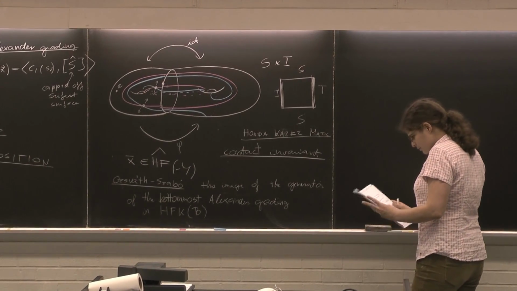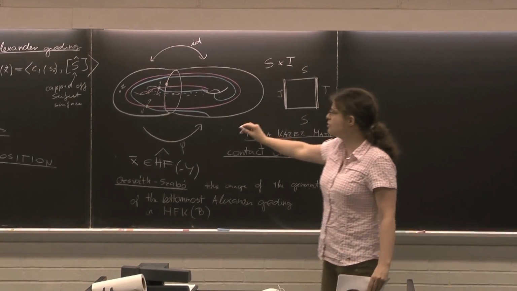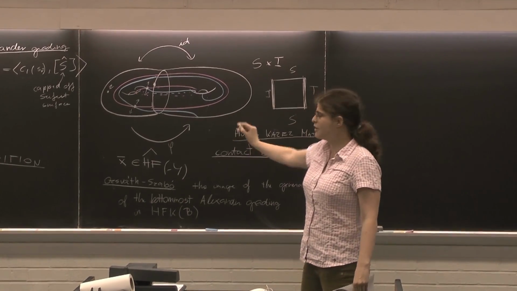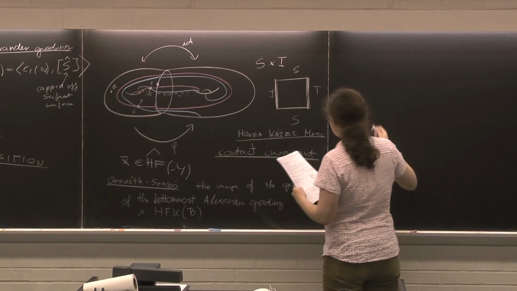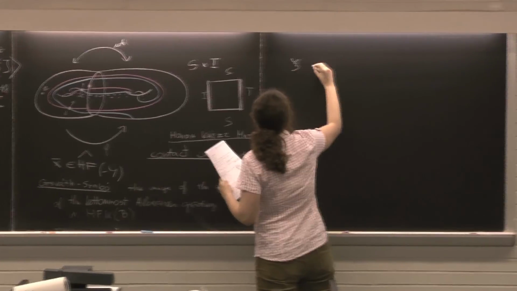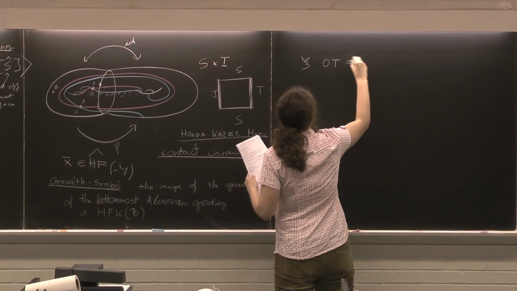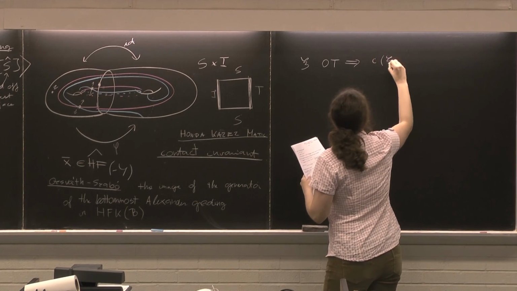And then, the reason we like this contact invariant is that it actually tells you a lot of things about the contact structure. So if you have an overtwisted contact structure, then the contact invariant vanishes.